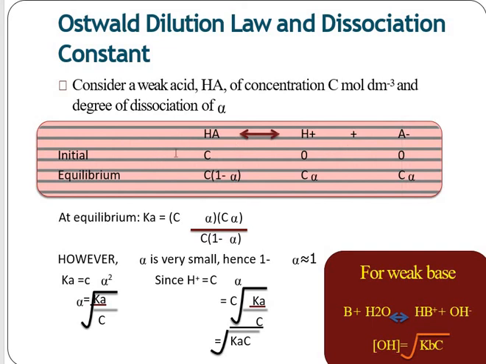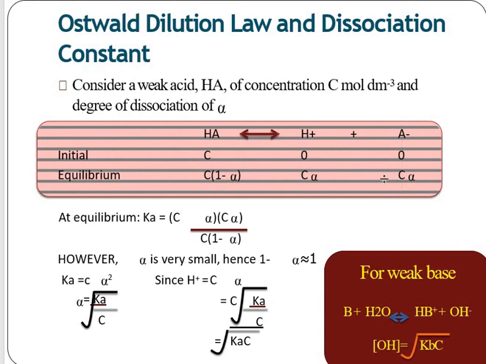So consider the initial concentration of HA is C and the initial concentration of H plus is 0 and A minus will be 0. When this reaction starts, what will happen at the equilibrium state? Some of the HA dissociates in water or aqueous solution, giving C alpha of A minus ions.